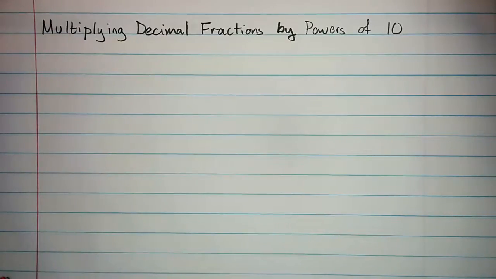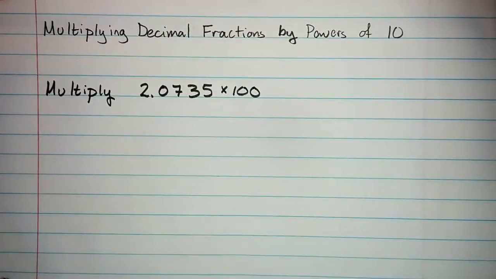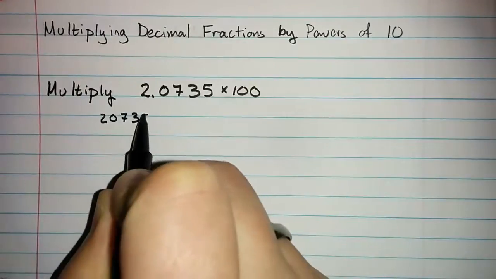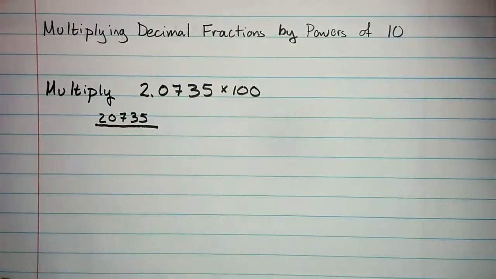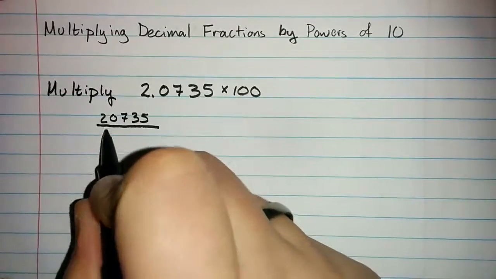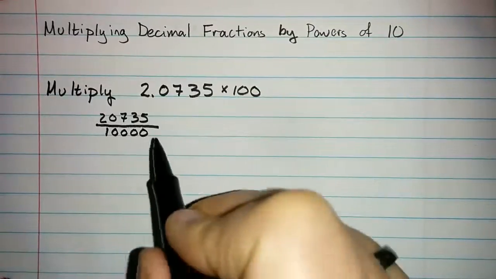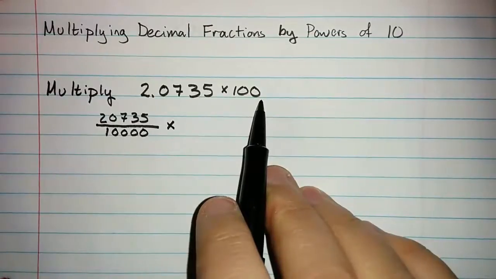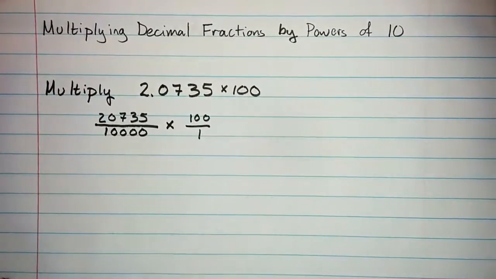So for example, what do we get if we multiply 2.0735 times 100? Well, we'll have 20735 over 1, 2, 3, 4 digits to the right of the decimal point is 1, 2, 3, 4 zeros in the denominator times 100, if we'd like to write it as a fraction, will be 100 wholes.